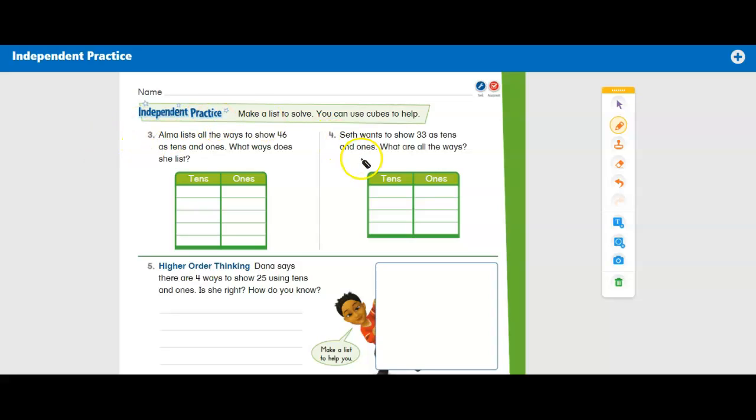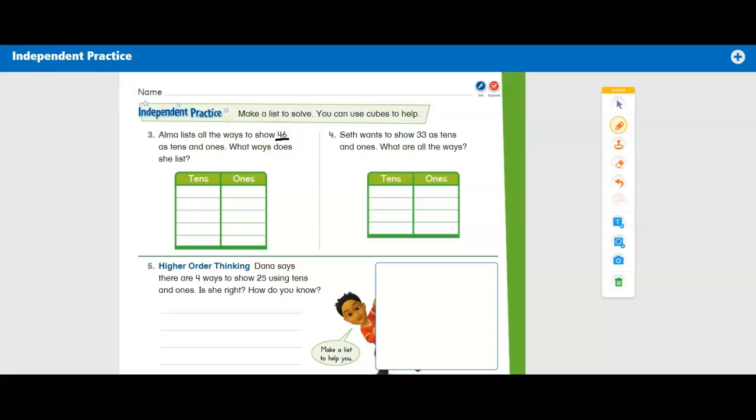For numbers 3 and 4, I will read you the questions. Number 3 says Alma lists all the ways to show 46 as tens and ones. What ways does she list? Our number is 46.